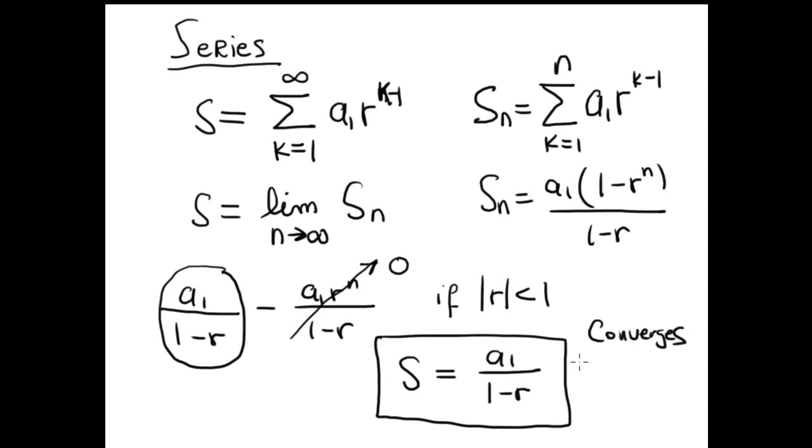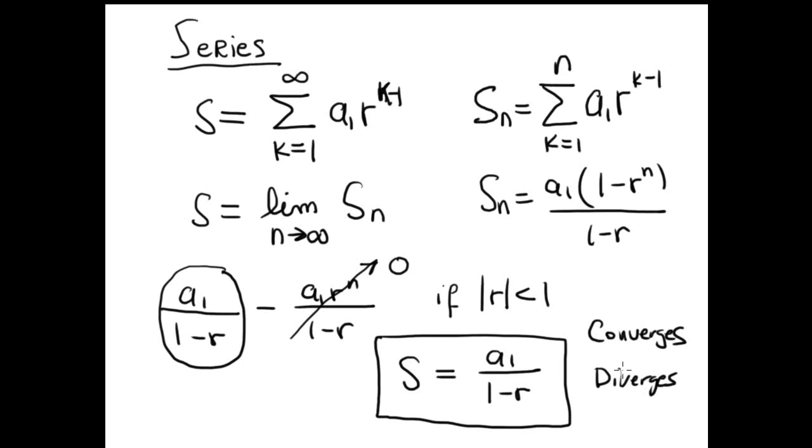So the condition to converge is that the absolute value of the ratio is less than 1, like 1 half, negative 1 half, negative 1/4. Otherwise, it's divergent and does not converge to any number.